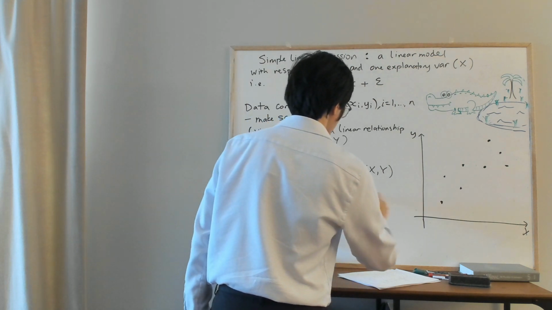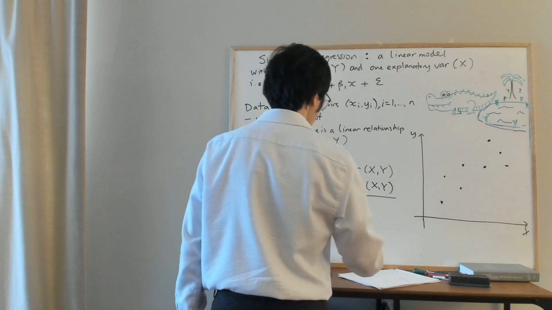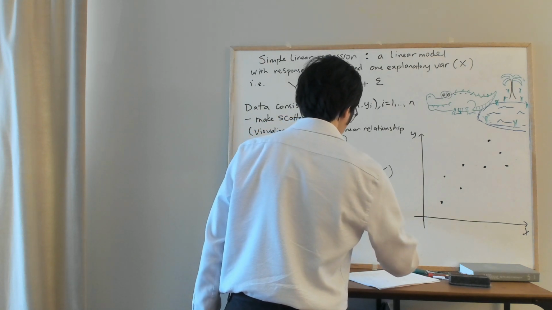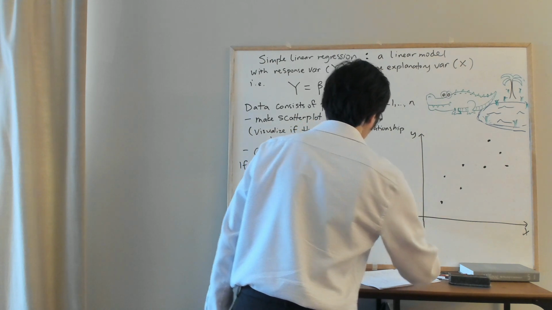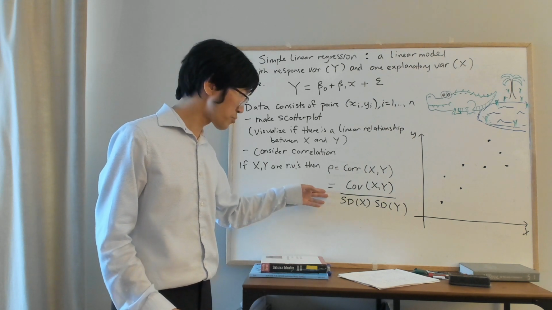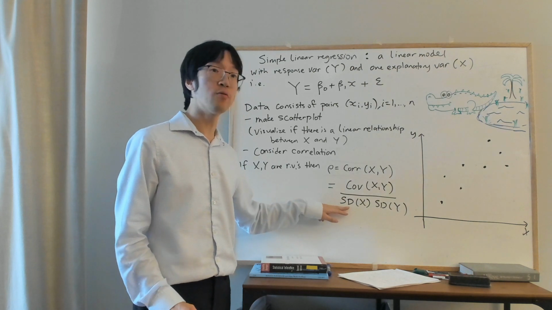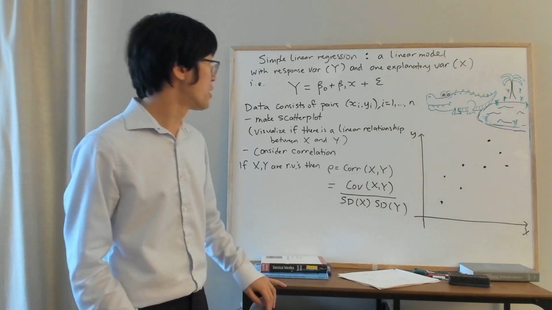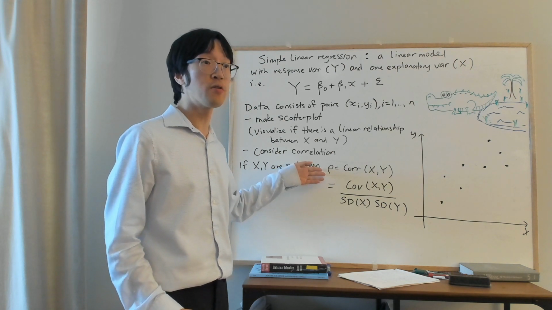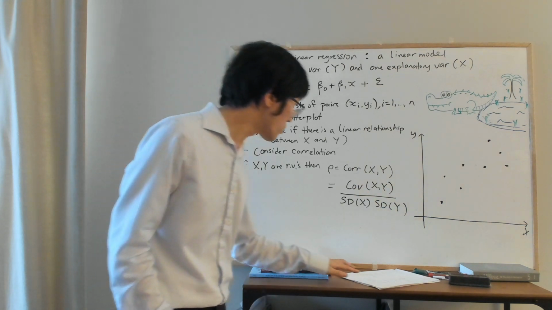This is computed by taking the covariance between x and y and dividing it by the standard deviations of the two variables, standard deviation x and standard deviation y. You can think of correlation as a normalized version of covariance because it divides through by the two standard deviations, and we can show that this correlation coefficient ends up being between -1 and 1 as a result.